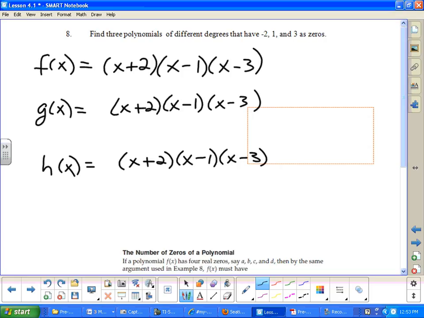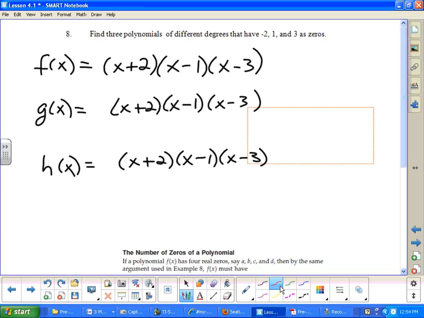Anybody remember when we talked about multiplicity last year? All multiplicity does is it means it happens that many times there. So here's the thing. I can do almost anything I want to this now, and I'll still just have those zeros because they're the factors. So I could put, oh, wait a minute. There would be 1 right there, wouldn't it?